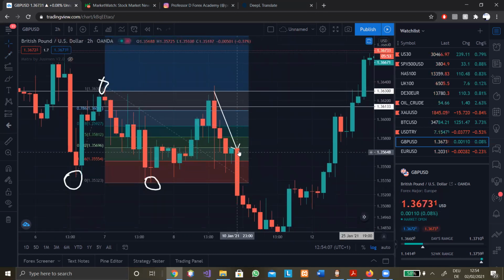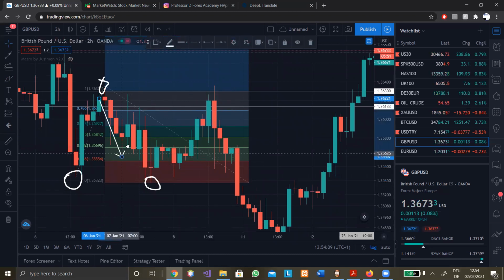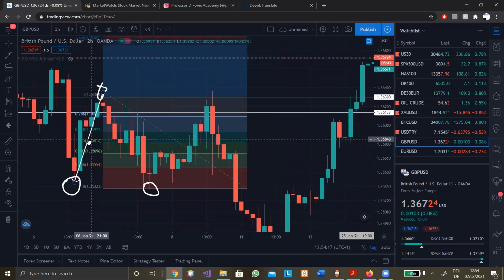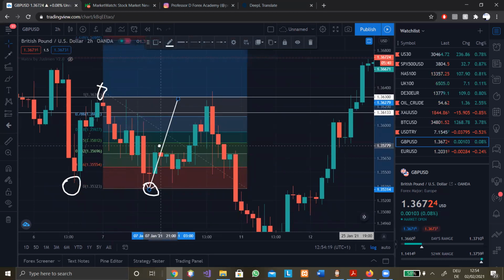And look at the same story here. From your A to your B is equivalent to your C to your entry. Simple as that. It's a good job.